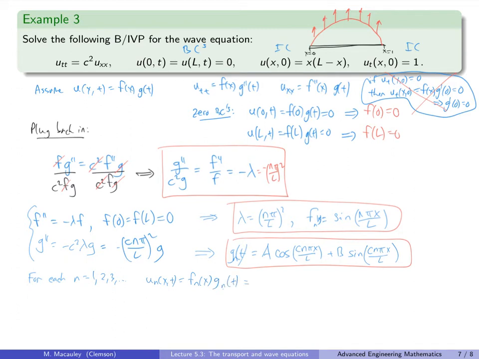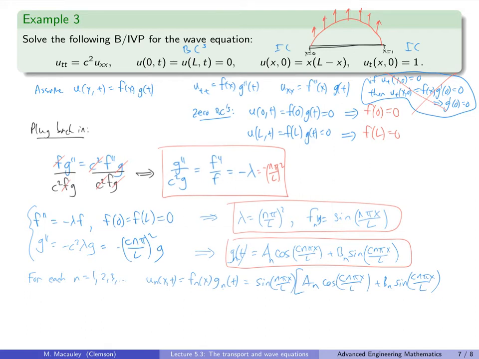And that's equal to sine of n pi x over L times a_n cosine of c n pi t over L plus b_n sine of c n pi t over L. So that is our solution for each n. So that's our fundamental mode.